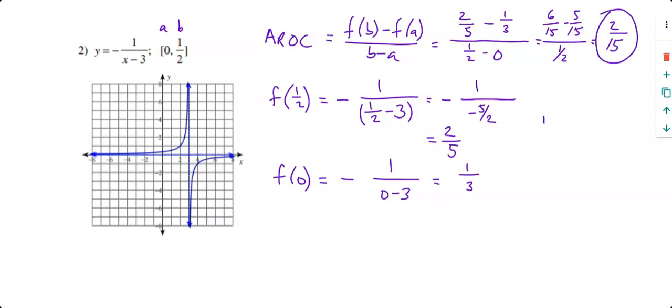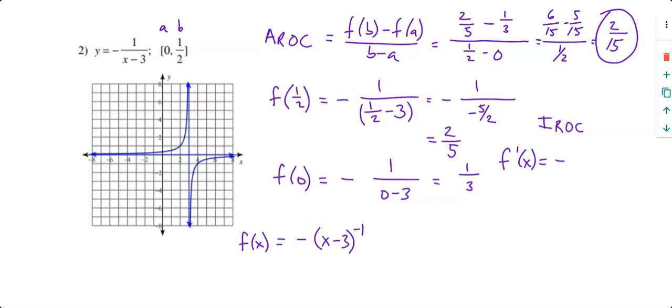Now for the instantaneous rate of change, we take the derivative. Derivative of this function, f prime of x, is going to be equal to, and we're going to rewrite this function as negative x minus 3 to the negative 1 power, because then we can use the power rule for derivatives.